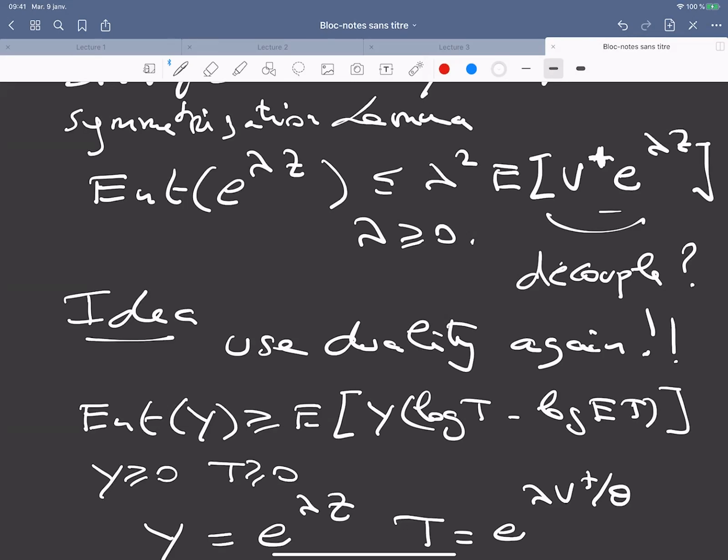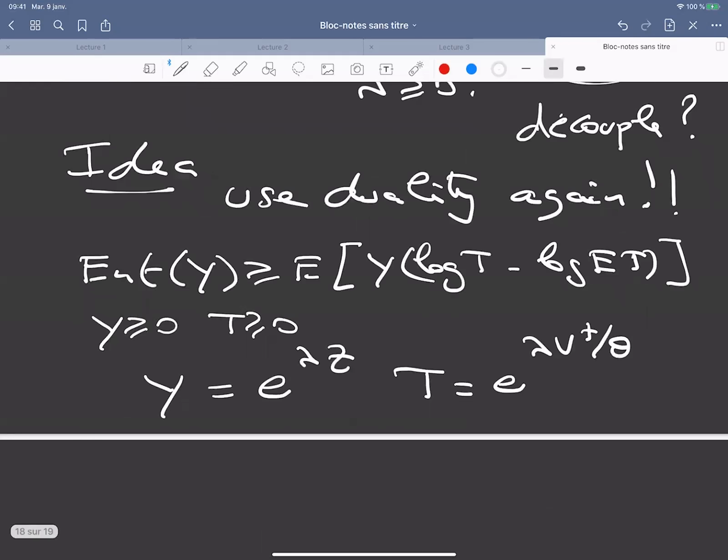But if you use the same idea behind Hölder's inequality, that is the duality between convex functions, but with functions which are not power functions, you still have a result, but it's not homogeneous. This is the reason why you have to take care and put this theta up here in order to play with it, because the inequality is no longer homogeneous.